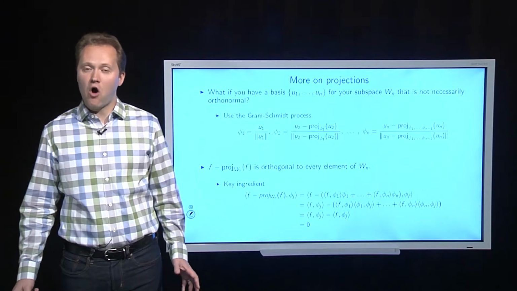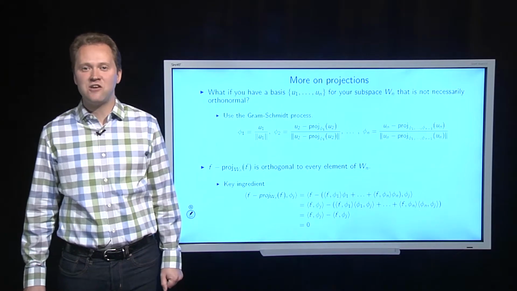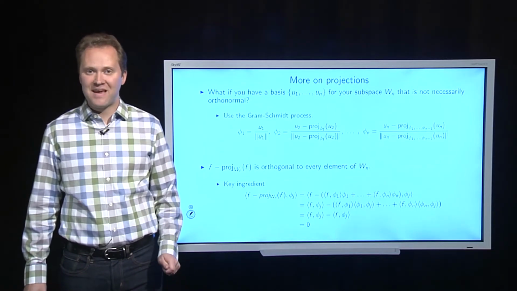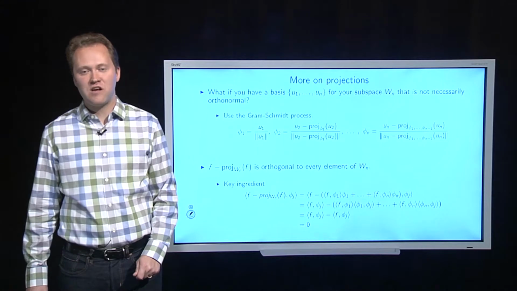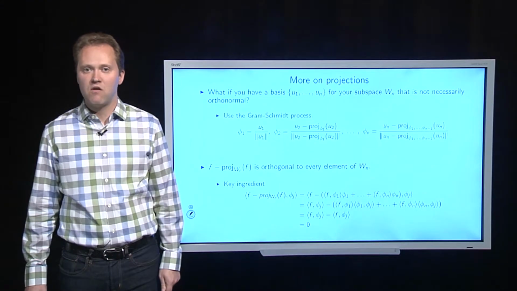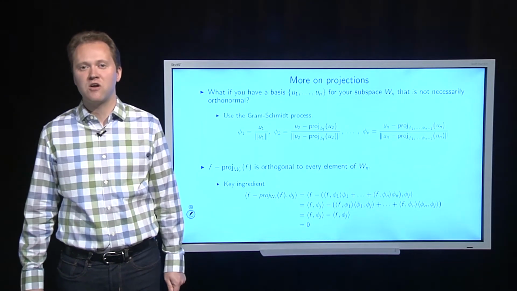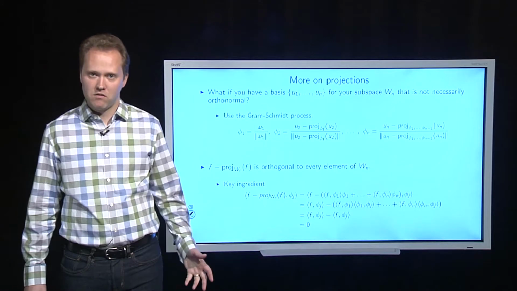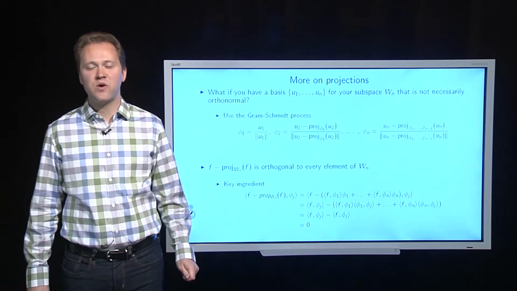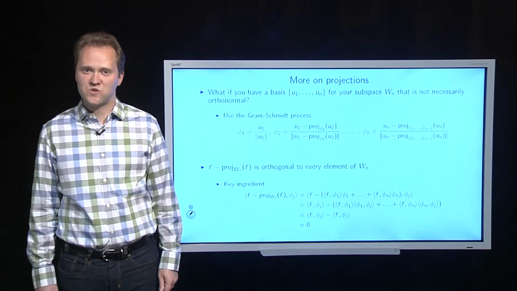They're zero because you have an orthonormal basis, unless you're looking at the inner product between a basis vector and itself. In that case, because you have an orthonormal, emphasis on normal, basis, then the inner product is just 1 because you just get the magnitude of the basis vector squared. So out comes the vector f you started with, inner product with the basis vector, minus the same, which just goes to 0.